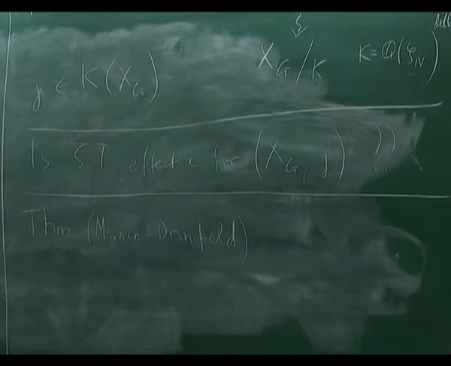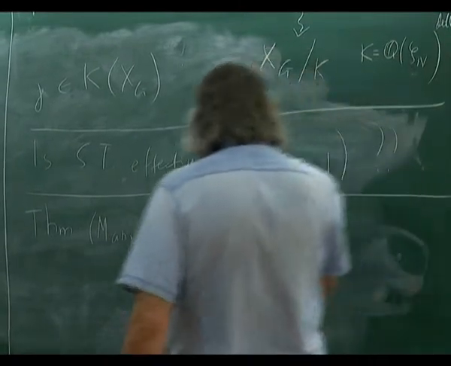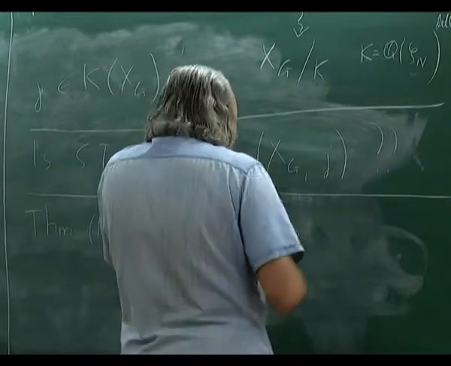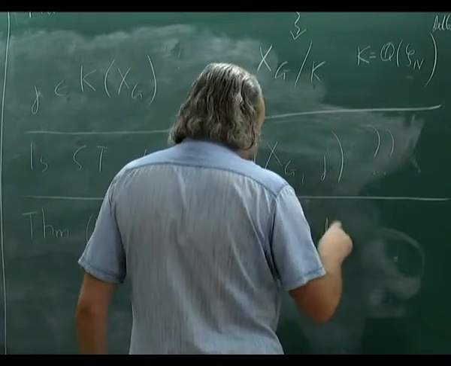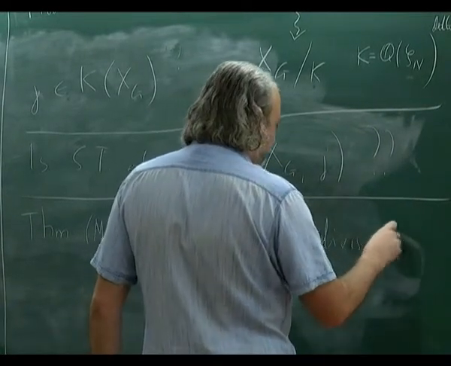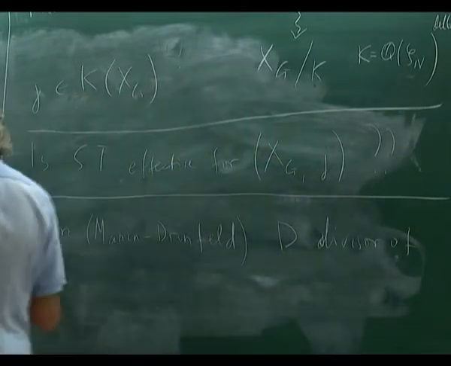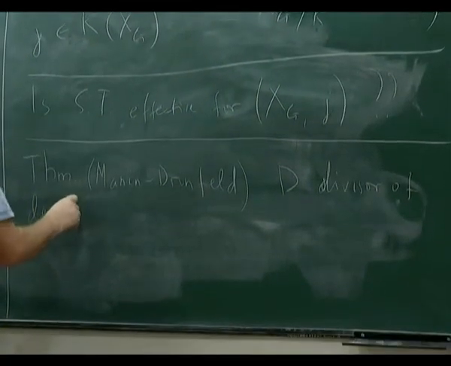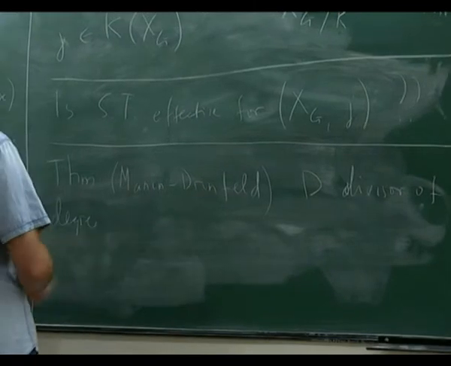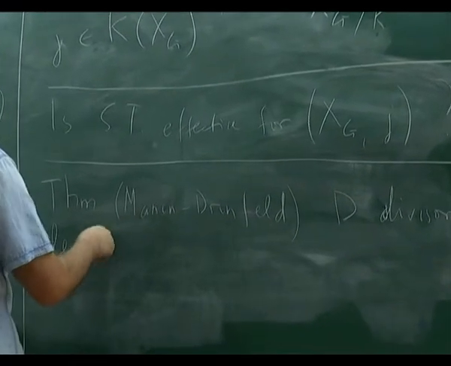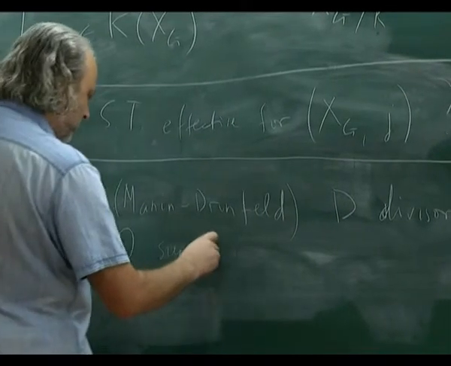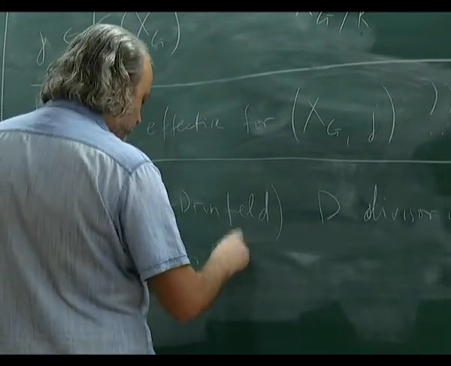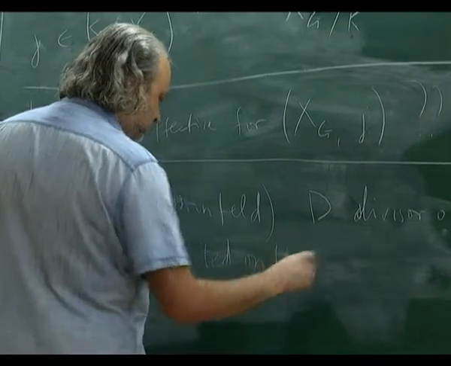So let D be a divisor of degree 0 supported on the cusps.